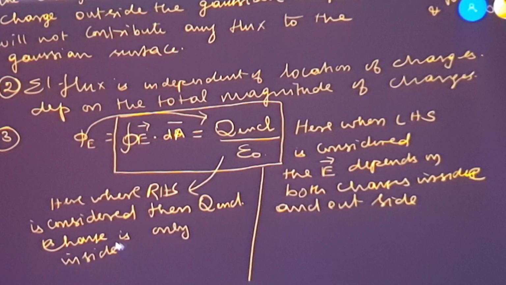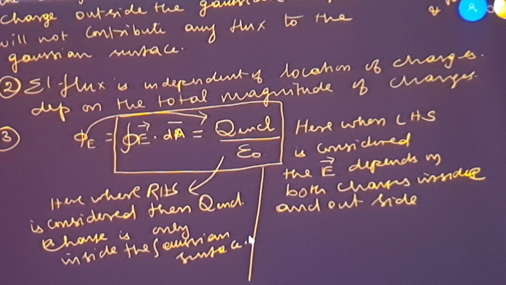We have to consider only the charge inside the Gaussian surface. The charge outside the Gaussian surface is not included. So this is point number 3. Let us go for the next point.